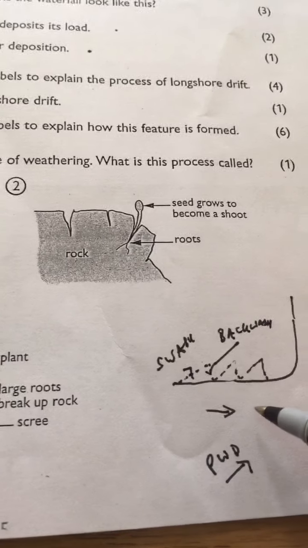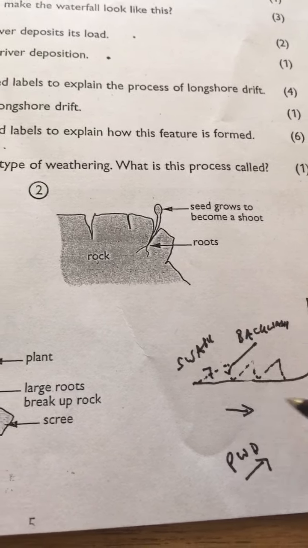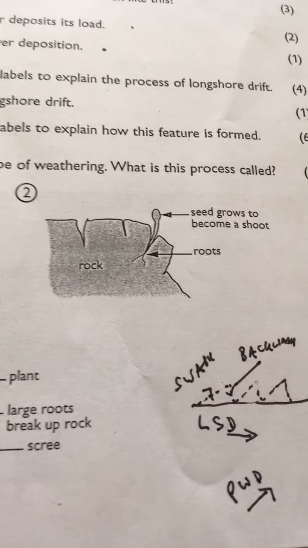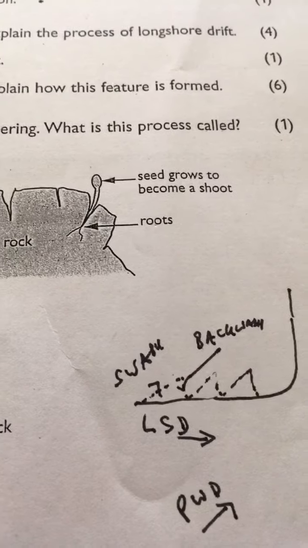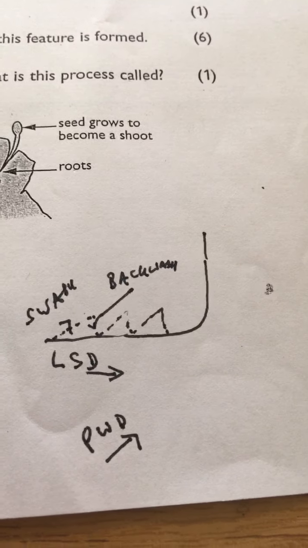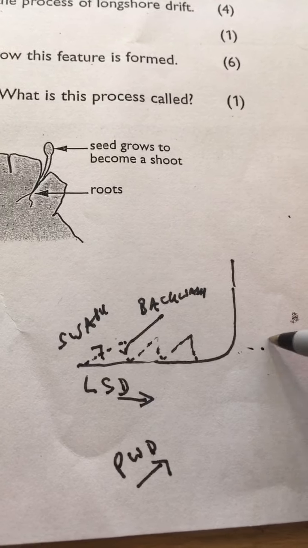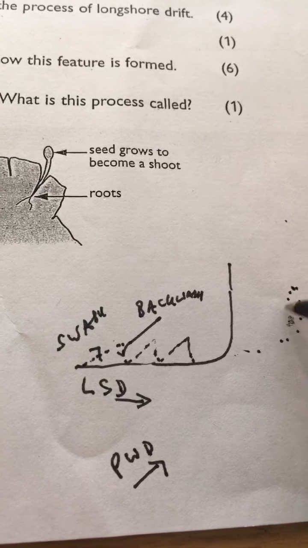And here we have the direction of LSD, longshore drift, moves along. Oh, going on low power mode already. Longshore drift. And the feature it forms, I haven't drawn on yet, will obviously be the spit.